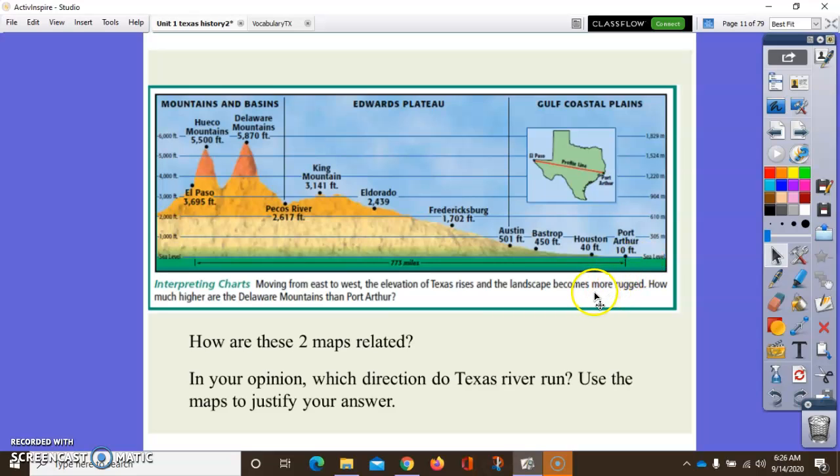So if you had a river in Texas, which direction would it run? Would it run from east to west, or would it run from west to east? Would it run from north to south? Excuse me, north to south or south to north?